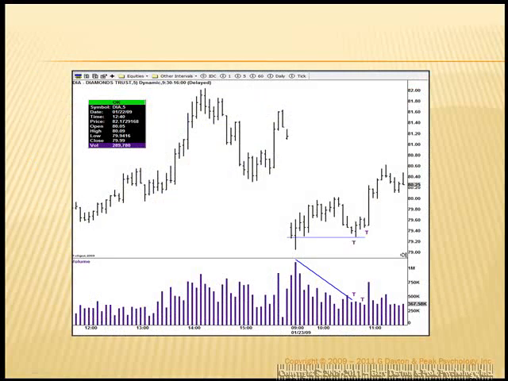Okay, so let's look at some charts here. You can see that on this chart, this is a 5-minute chart of the Diamonds, the ETF of the Dow Industrials. We were rising up, and we suddenly gap open one morning, and there's a big imbalance here between sellers and buyers, and we have that gap.